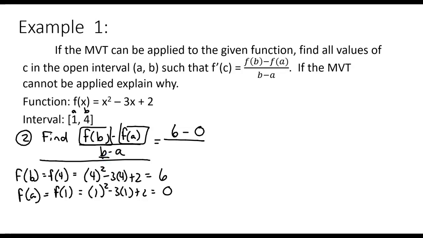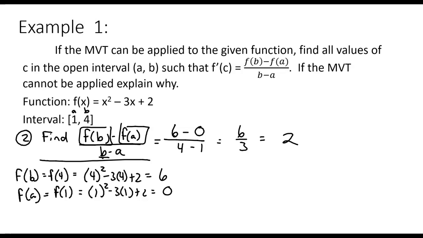B was 4 and A was 1. And so I end up with 6 over 3, which is 2. So my average rate of change is 2. In other words, the slope on the interval from 1 to 4 is approximately up 2 over 1. Rise 2, run 1. Okay? So there is step 2.